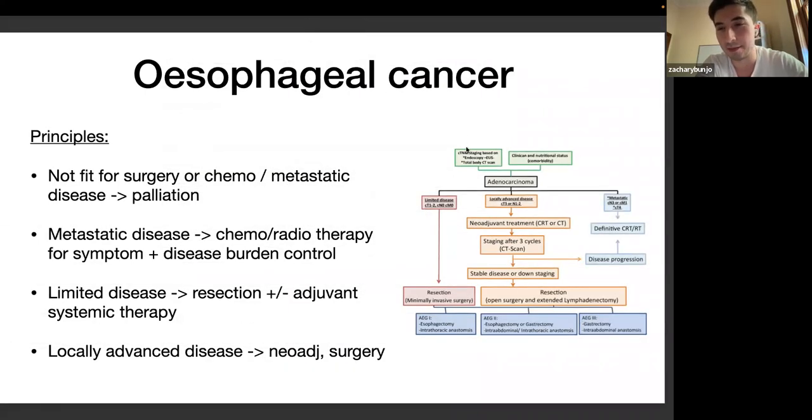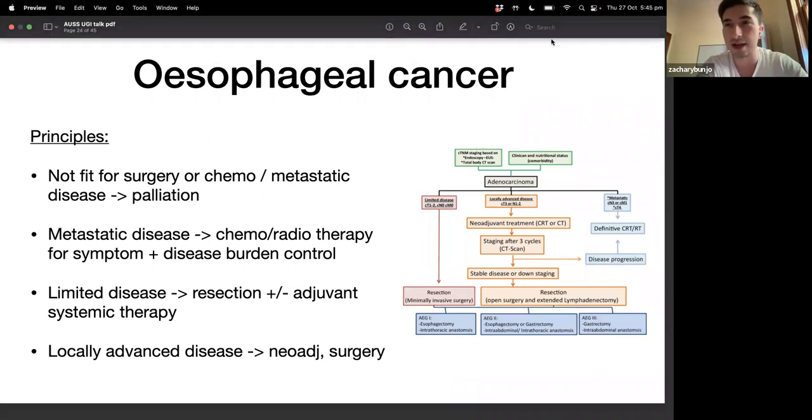Again, a bit of a busy algorithm here that contains more specialist knowledge. But what I take away from it, guys, is just to have an overall appreciation of the general groups that patients fall into. So if you've got a patient that's not fit for surgery or chemotherapy, they're very frail, very unwell, then palliation is going to be the mainstay there.